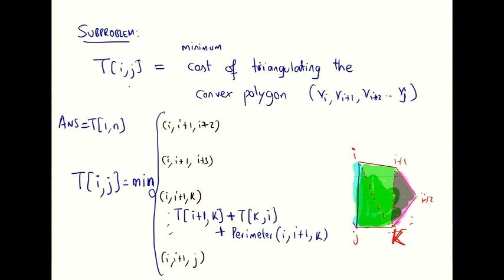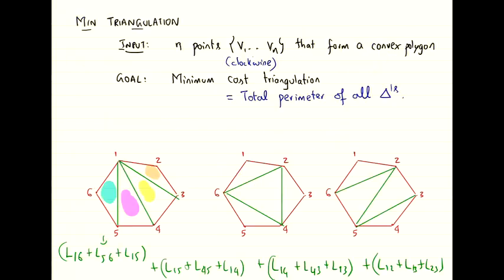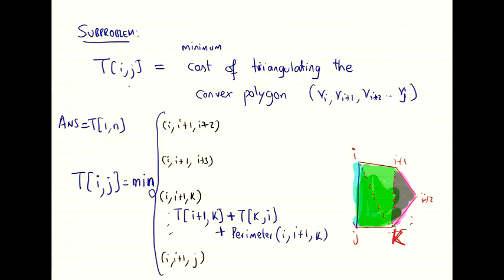Question, please. The question was, why do I add T of K to I? I think probably part of the confusion is my picture is not nice enough. I think I lost the picture that I had earlier.